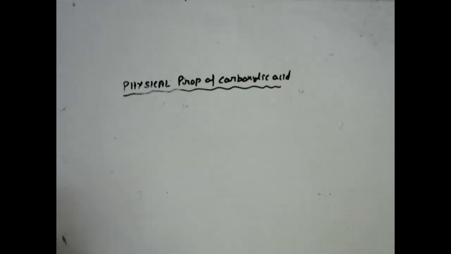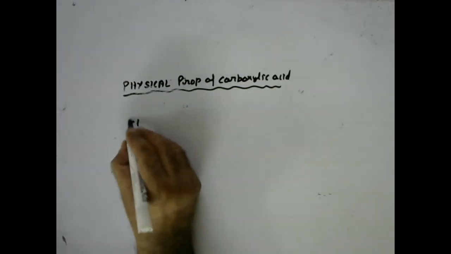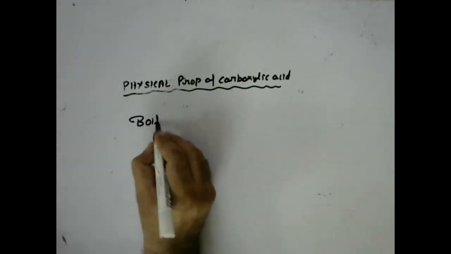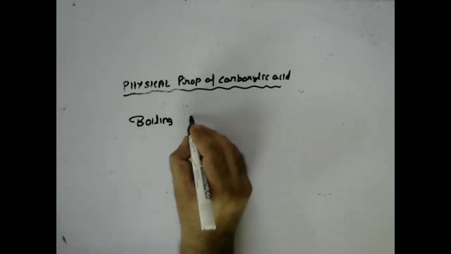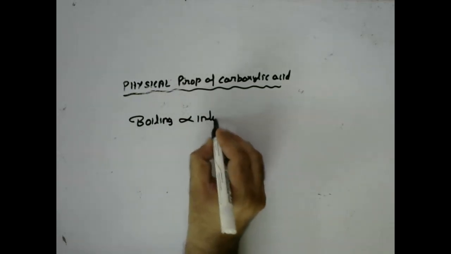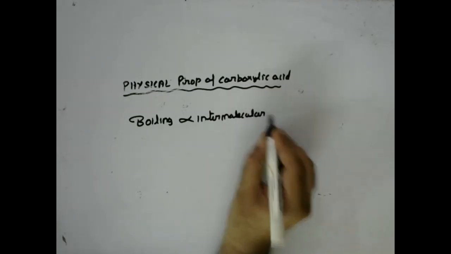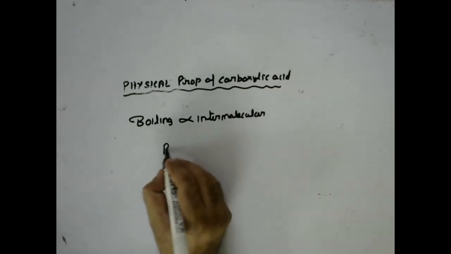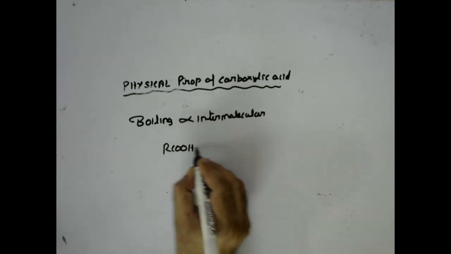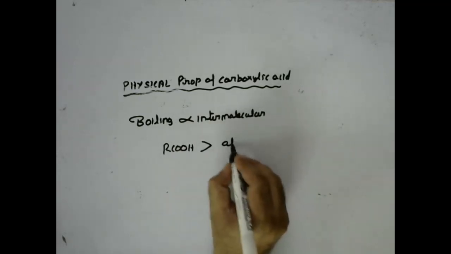Now let us discuss the boiling point of carboxylic acid. Boiling point depends on intermolecular force of attraction. Let me tell you, carboxylic acid has a very high boiling point, even higher than that of alcohols.